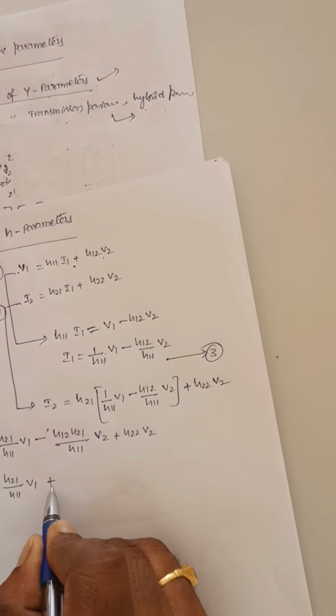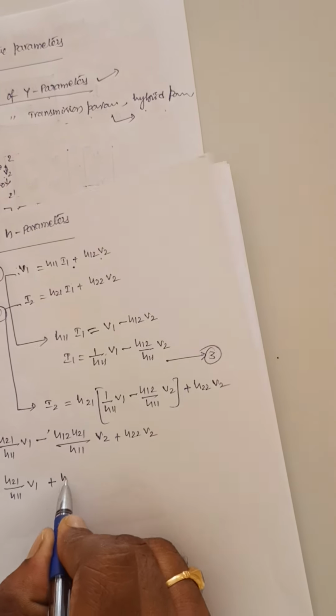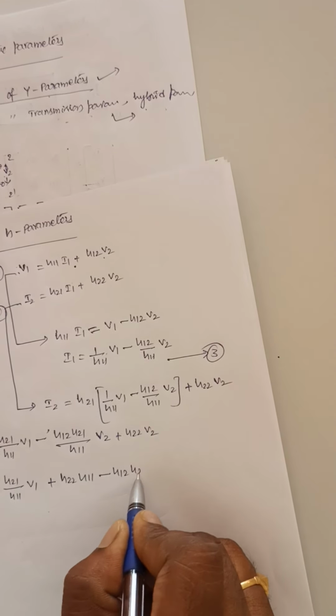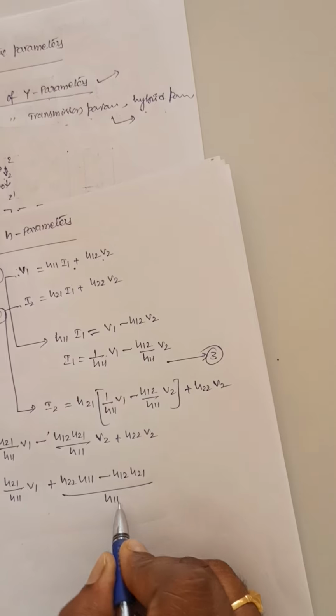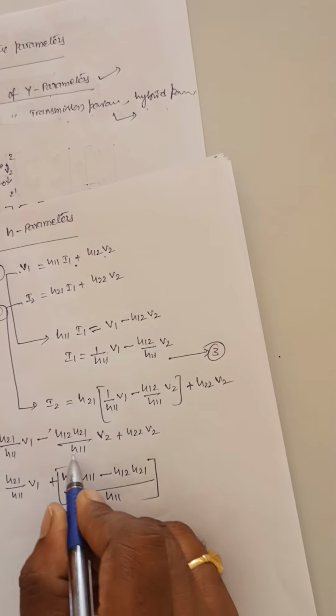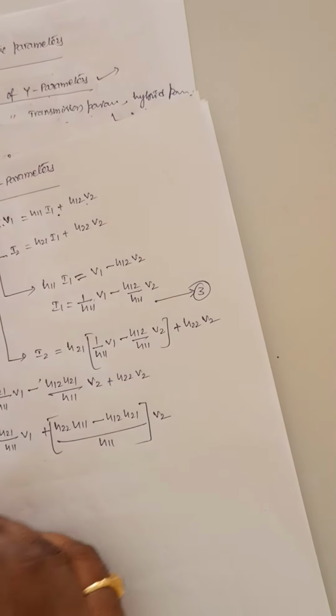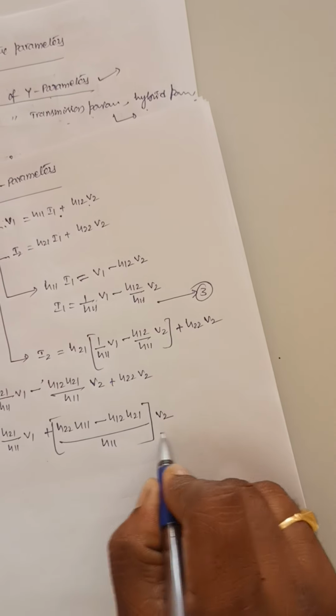That is H21 divided by H11 into V1 plus H22 H11 minus H12 H21 divided by H11. If I take LCM here, H11 as V2, so this will come. So this is I2. Let us assume this is equation number 4.